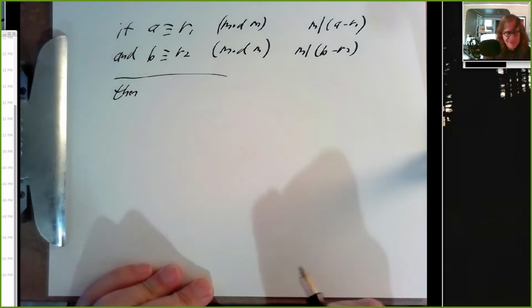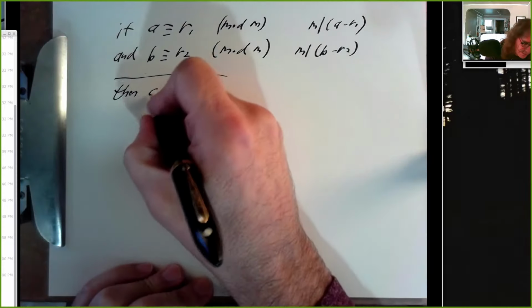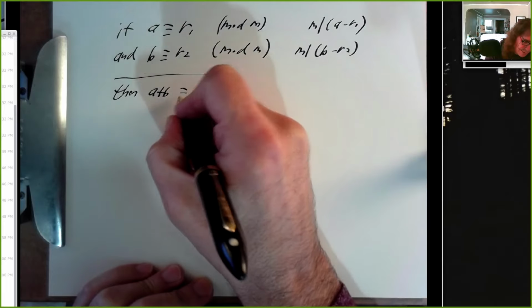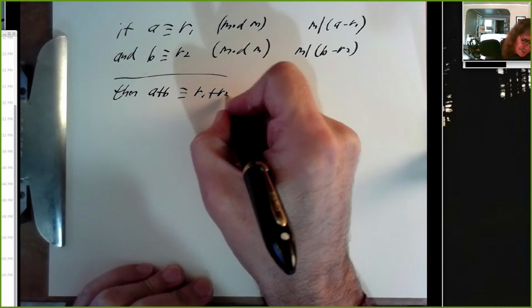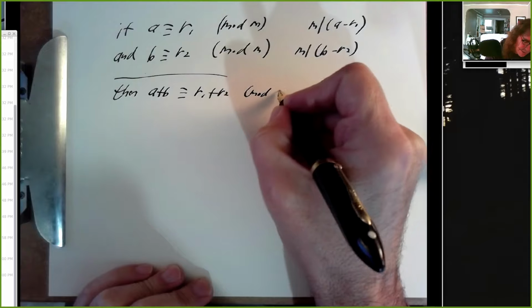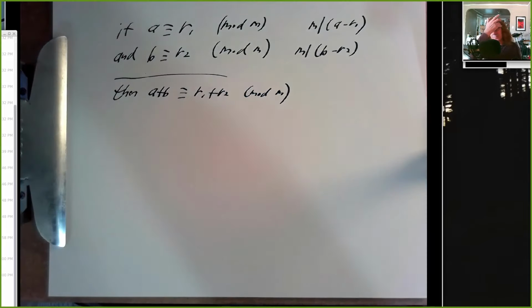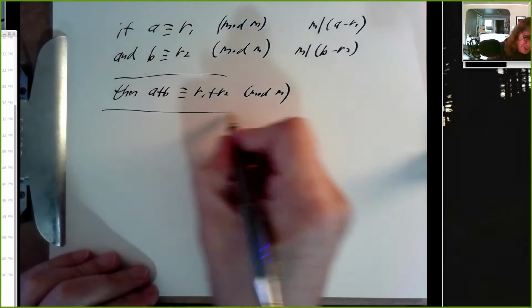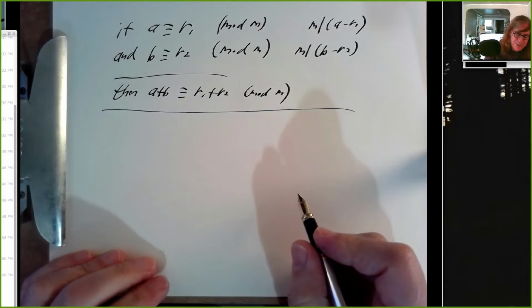The claim I'm going to make is that A plus B will be congruent to R1 plus R2 modulo m. And we can see that this is true without doing too much work. So let's prove this, and it's barely worthy of a proof.